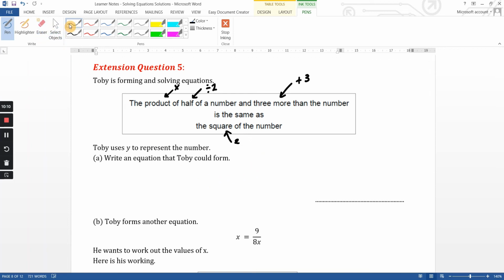So Toby uses y to represent the number. Write an equation. So the product of half the number, let me write this down.